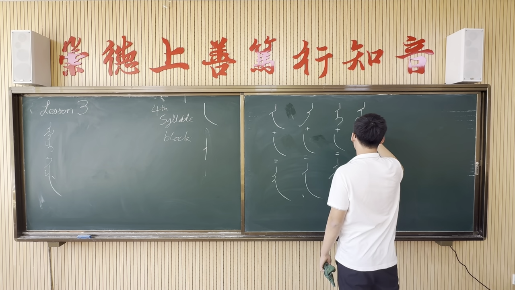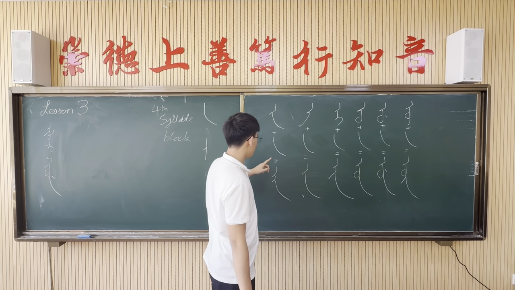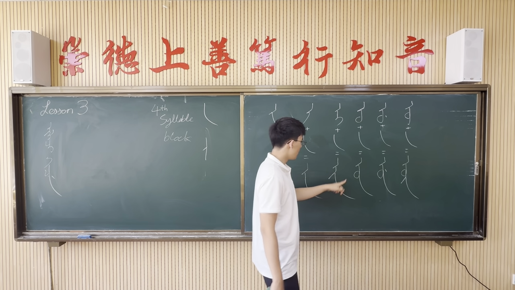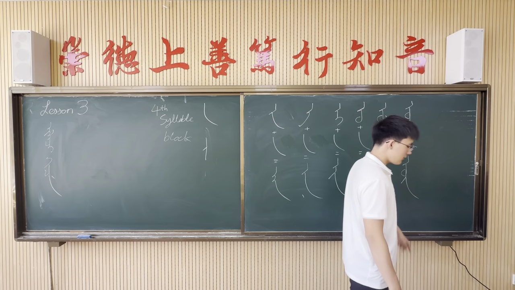U plus N is on, right? So these all follow this rule, which is a rule of the fourth syllable block. And by the way, this is also in the appendix section of this book, so you can check it if you're confused. Okay, anyways, this is an, un, a dot here to differentiate this with a, right? An, un, in, on, un, on.